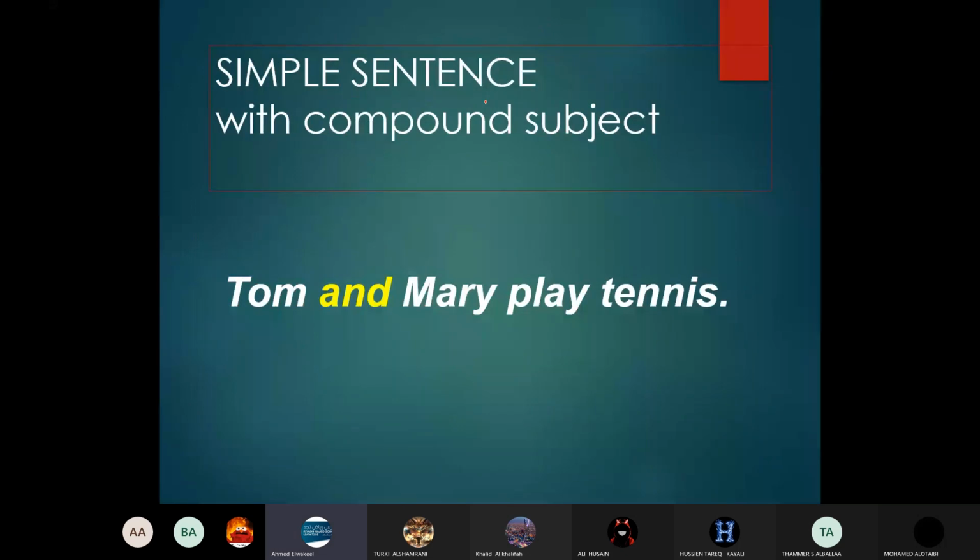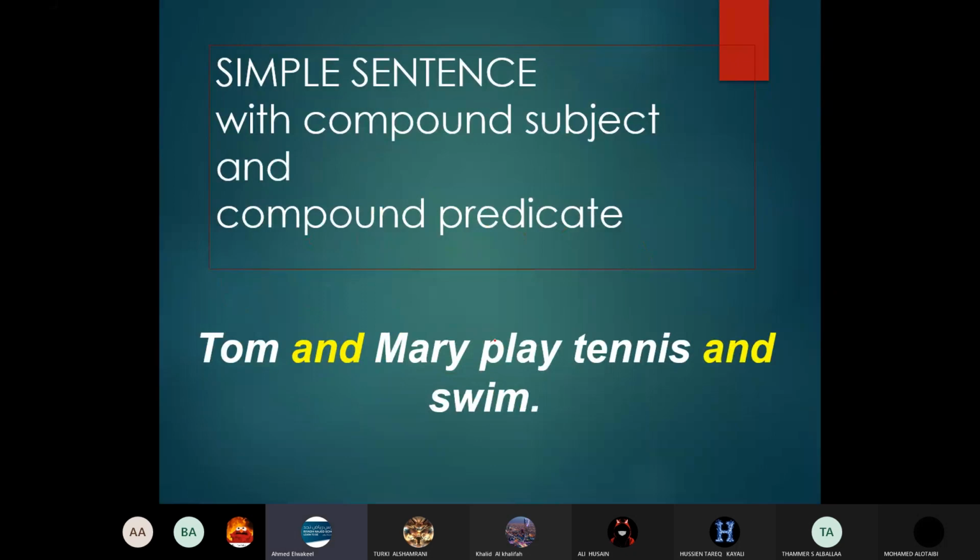So in this sentence, for example, Tom and Mary play tennis. It's one simple sentence, but we have a compound subject. Tom and Mary, both of them is the compound subject of the sentence. And the subject is performing one action verb, and this action lies on the object. So the sentence is still a simple sentence. Simple sentence with compound subject and also compound predicate.